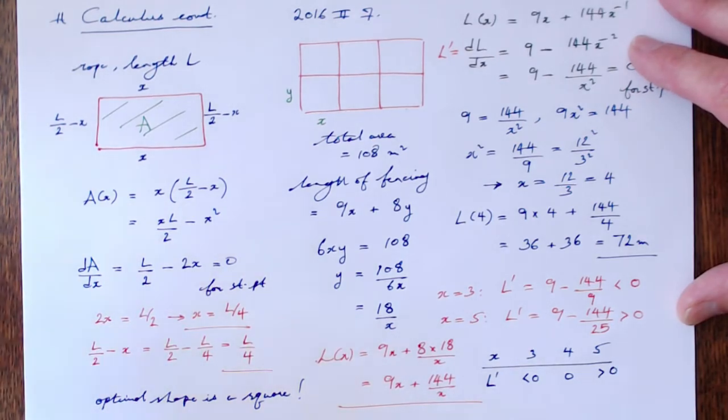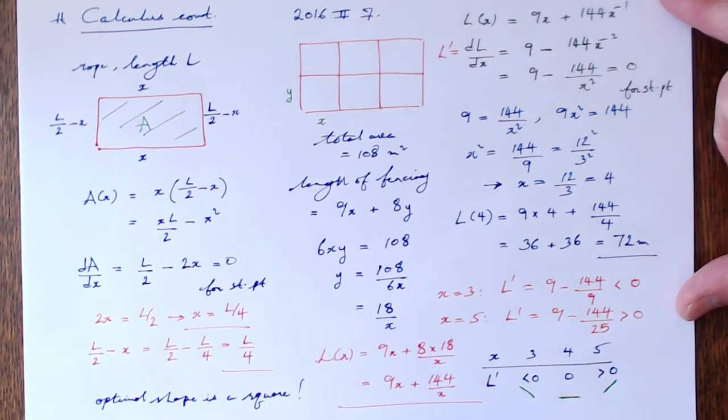And the nice way to visualize that then is just to say, right, we had a negative derivative here, a 0 derivative here, and a positive derivative here, and we can see then that this is indeed a minimum as was required by the question.